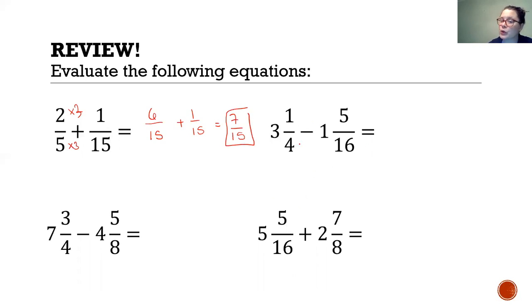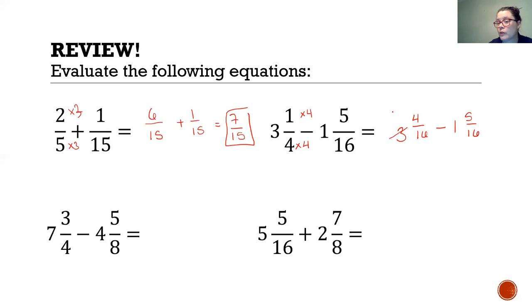Next one, 3 1/4 minus 1 5/16. Well, between 4 and 16, 4 times 4 is 16, so we only have to change the 1/4. Whatever you do to the bottom, you do to the top. So 3 4/16 minus 1 and 5/16. You will notice this numerator is smaller than this one, so we need to borrow.